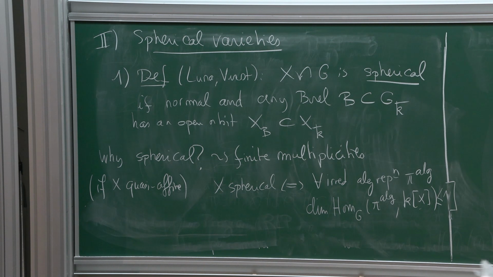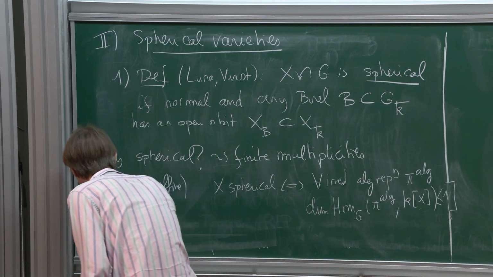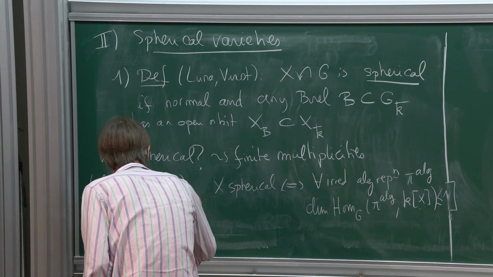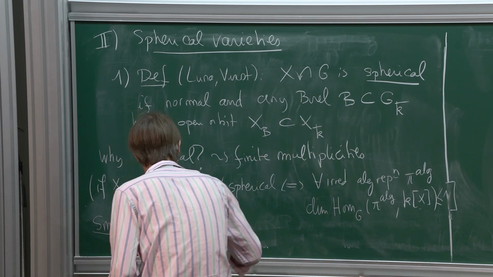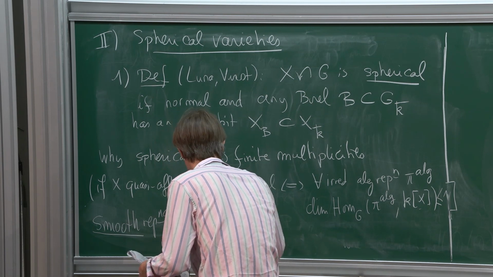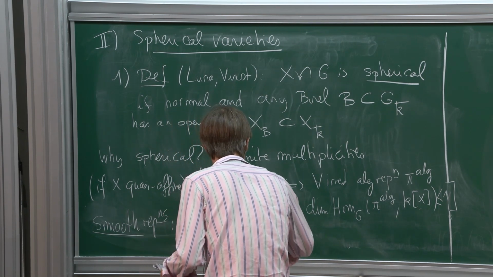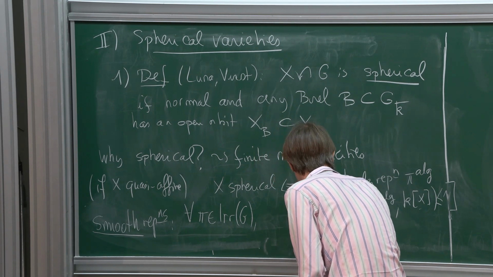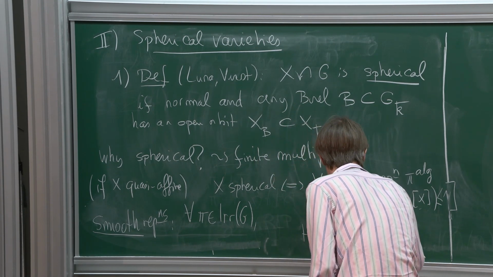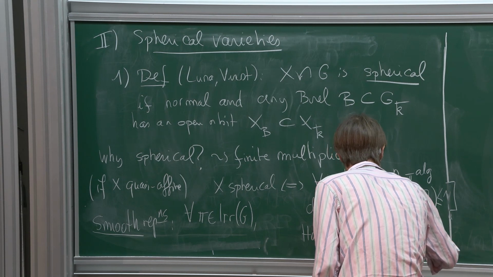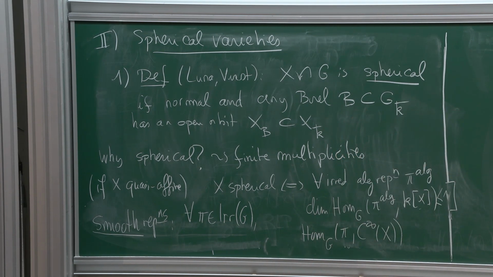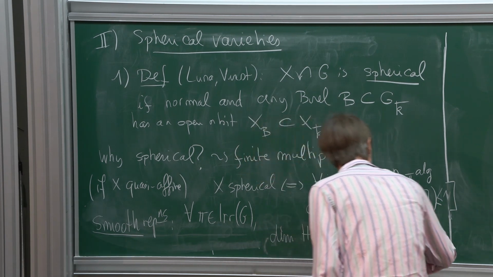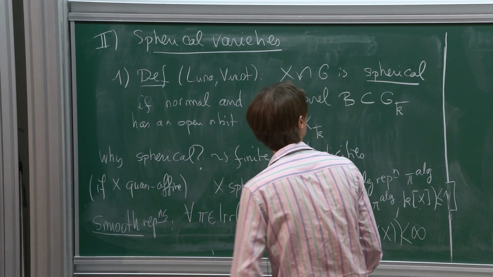And there is a similar phenomenon for smooth representations. Namely, for all smooth irreducible representations pi of G, so assuming we have a local field now, we look at all the embeddings of pi in the space of smooth functions on X. This is of finite dimension, or at least it is expected to be so.